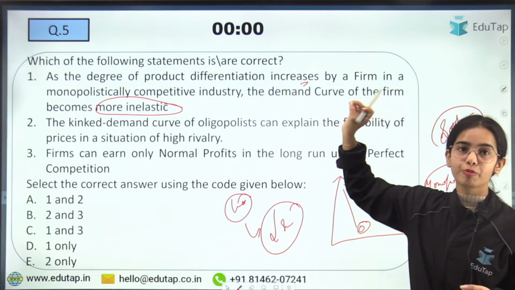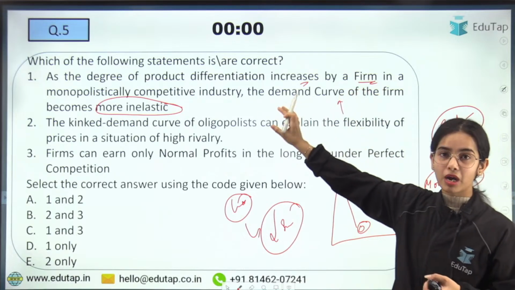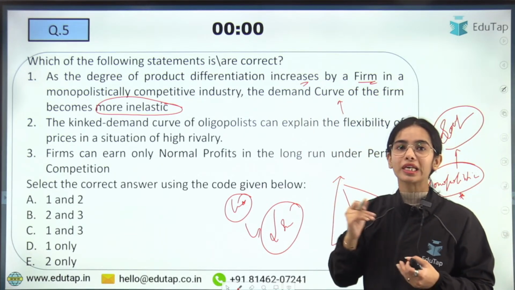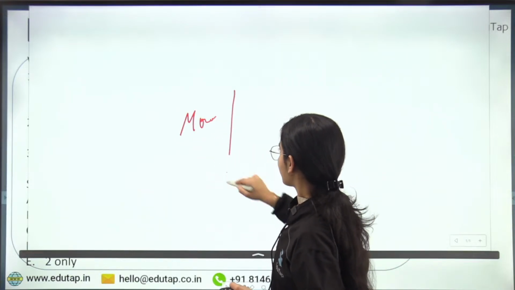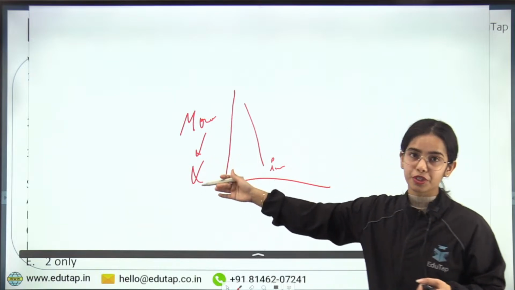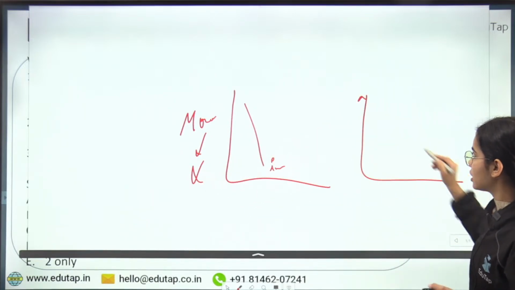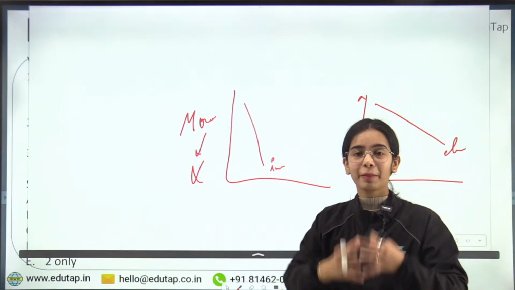So as the degree of product differentiation increases by a firm in a monopolistic competitive market, their demand curve becomes more inelastic. Like the monopoly has an inelastic demand curve because there are no close substitutes, while monopolistic competition has an elastic demand curve because there are many close substitutes.